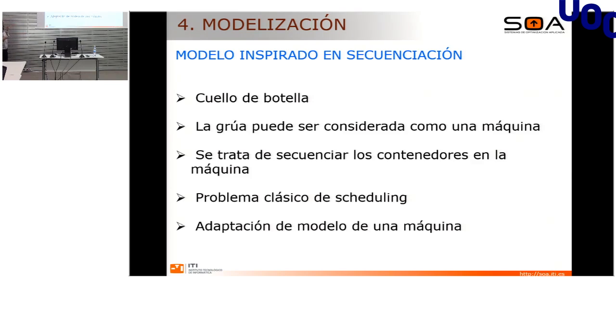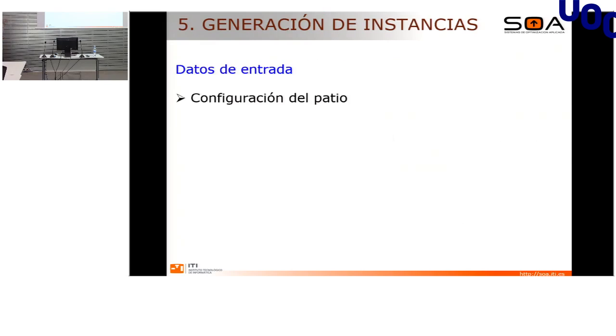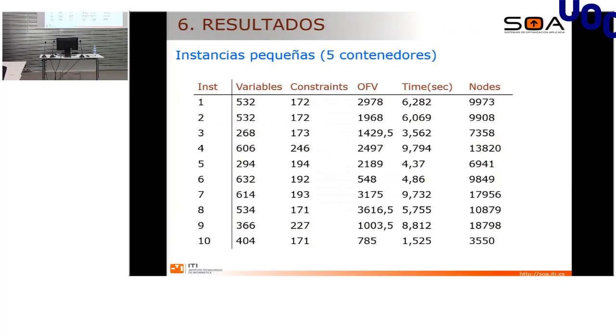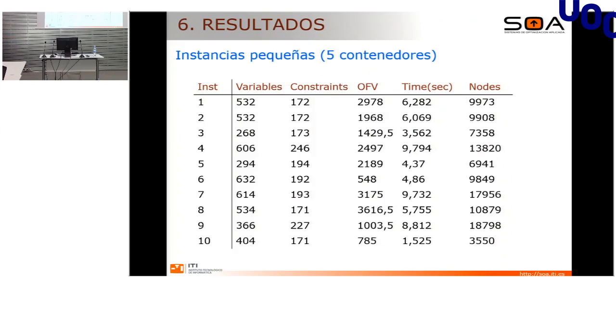But this model works even worse than the previous one. So they are really slow. This is all the input data, and this is the generator of instances. If I want to generate instances for the problem, the number of containers, all the configuration of the yard, etc. And here we have some results for 5 containers.